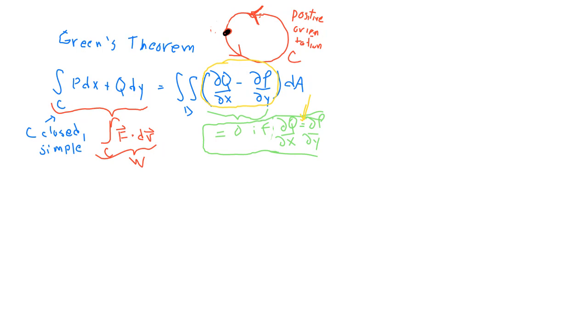Well, what does it mean if these partial derivatives here are equal? If the partial derivative of q with respect to x equals the partial derivative of p with respect to y, what's that tell you about the field? What kind of field is it? Okay, it's a conservative force field.